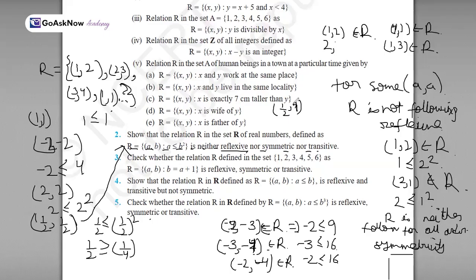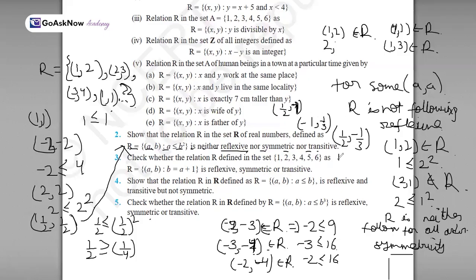One by two and minus one you take. And minus one and you can take here 1 by 3. So now for transitivity, I should have 1 by 2 and minus 1 by 3 belonging to relation R.